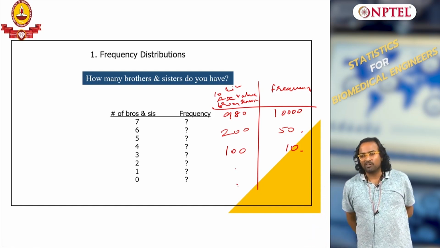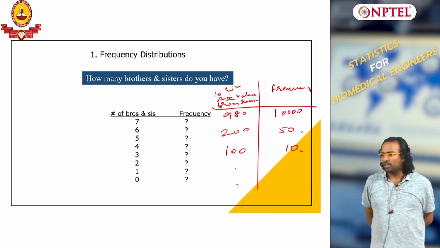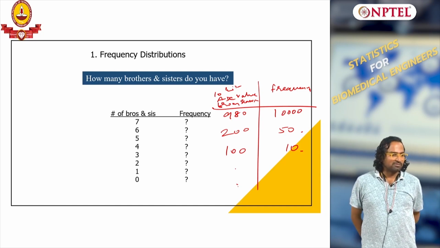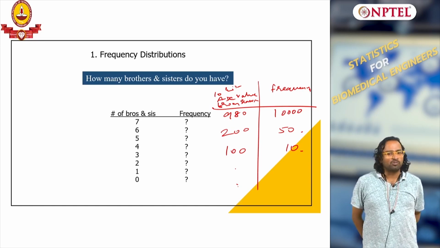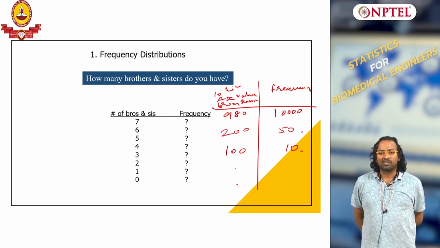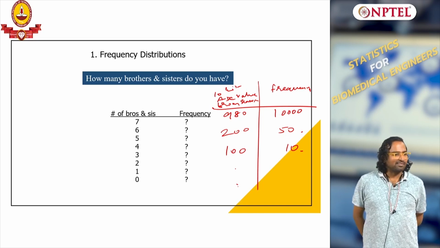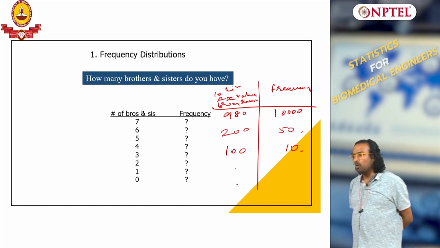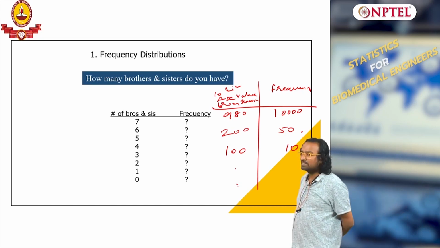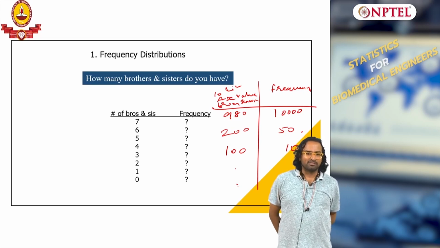My maximum value is 1024, and I have gotten 980 ten thousand times. What does it tell you about the sensor? It has hit close to the maximum value most of the time. Maybe the sensor is stagnant, saturated. So, simple tables like this can reveal much information.